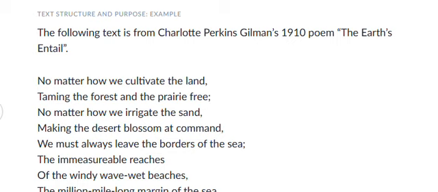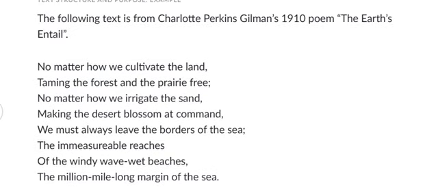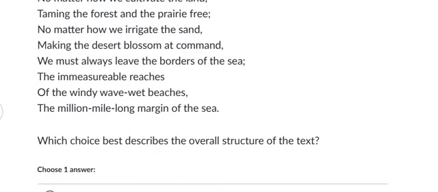No matter how we cultivate the land, taming the forest prairie free, no matter how we irrigate the sand, making the desert blossom at command, we must always leave the borders of the sea, the immeasurable reaches of the windy wave, wet beaches, the million-mile long margin of the sea. That's a poem which we need to read and understand, to see what it is trying to say. I hope you'll take time and read this.